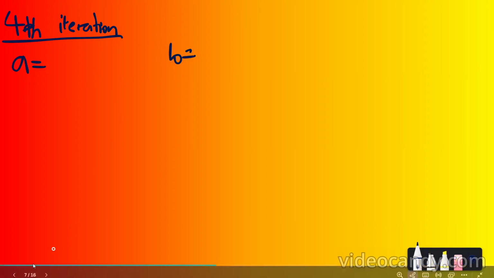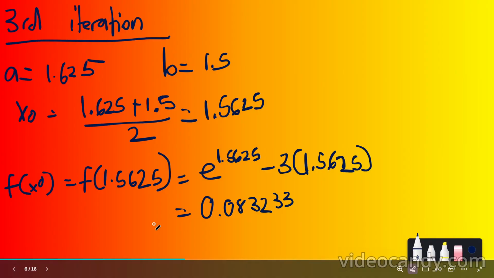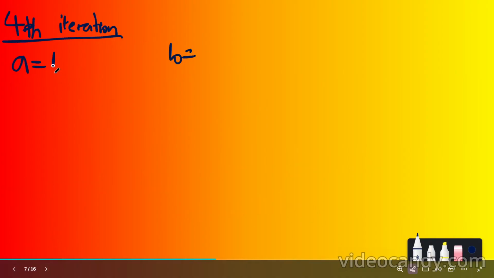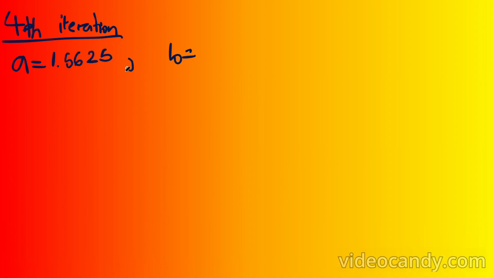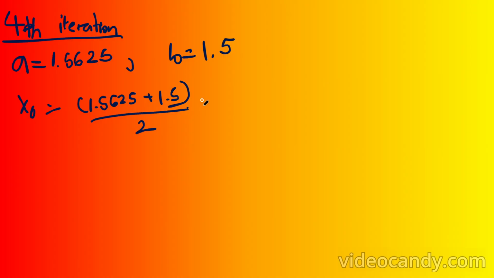For this iteration, please guess the answer for a and b. If the number becomes positive, a is 1.5625 and b is 1.5. Then x0 is (1.5625 plus 1.5) divided by 2.